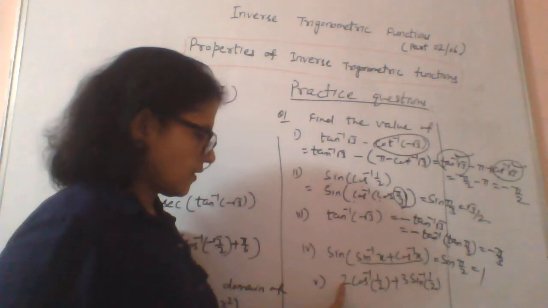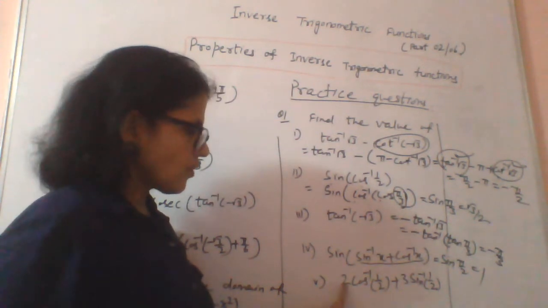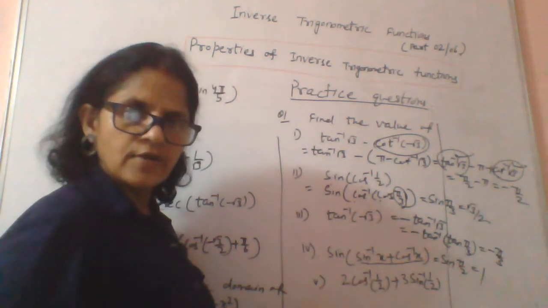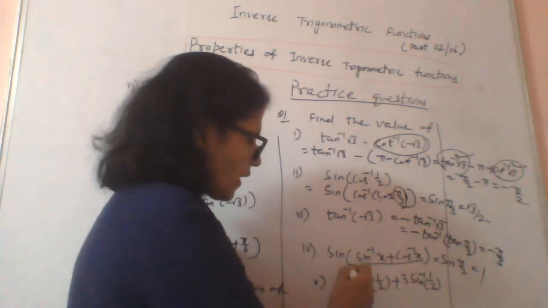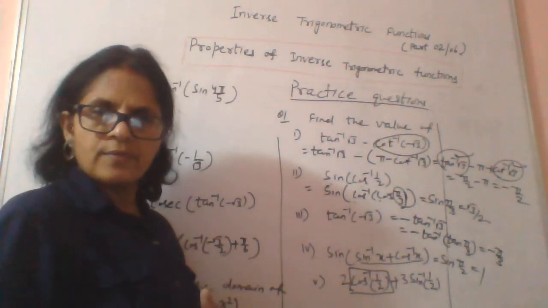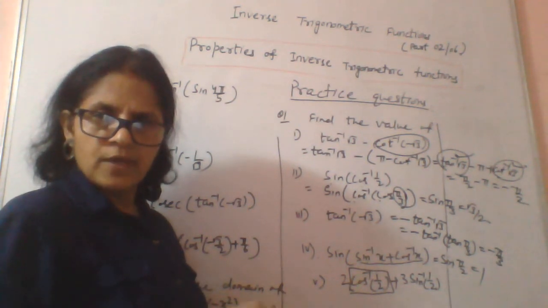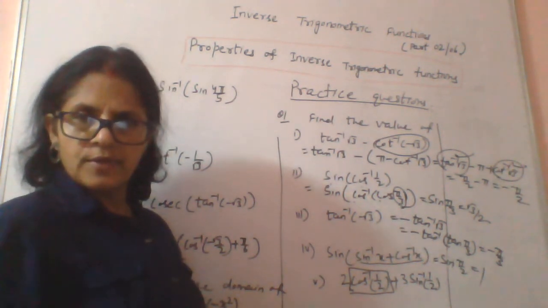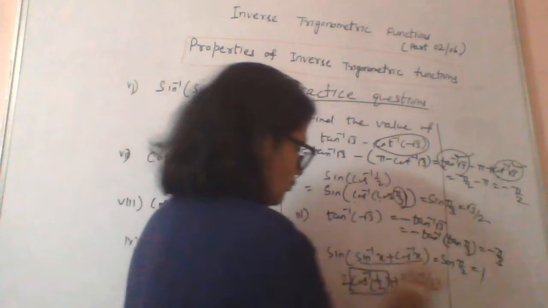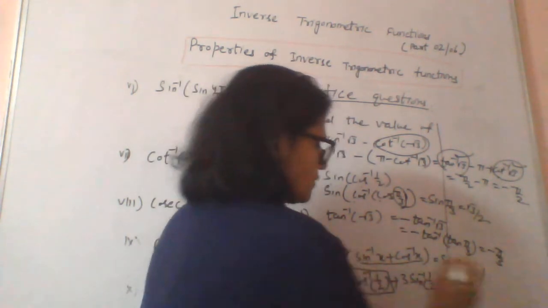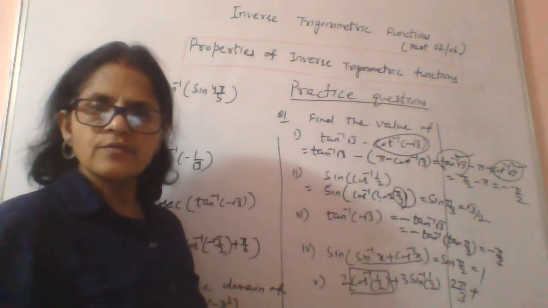Next part: twice of cos inverse 1 by 2 plus 3 times sine inverse 1 by 2. Whenever you write cos inverse 1 by 2, whose cosine is 1 by 2? We know cos 60 degree, which means cos pi by 3 is 1 by 2. So cos inverse 1 by 2 will be pi by 3. So 2 into pi by 3, 2 pi by 3, plus again sine inverse 1 by 2.